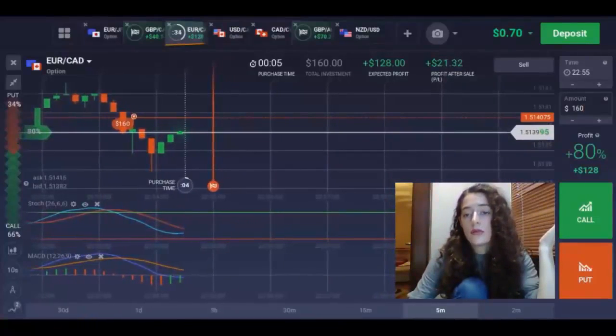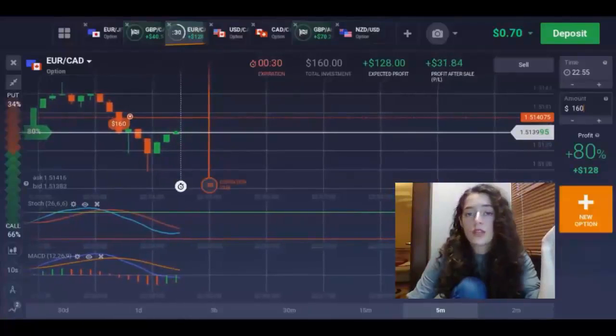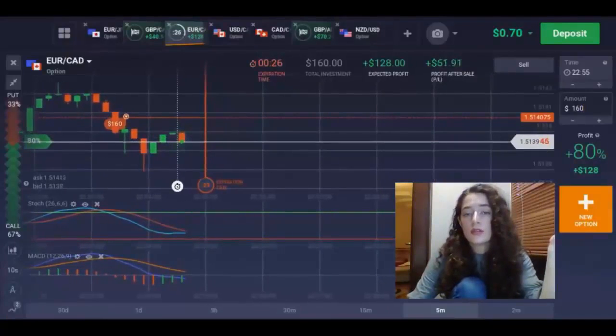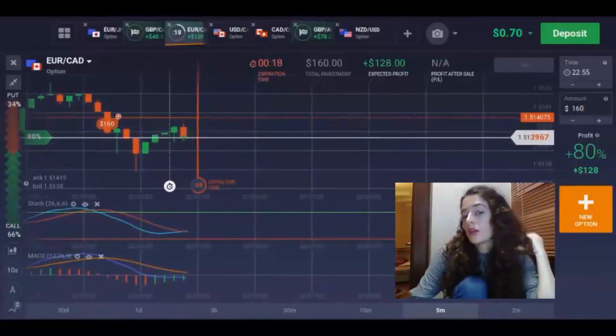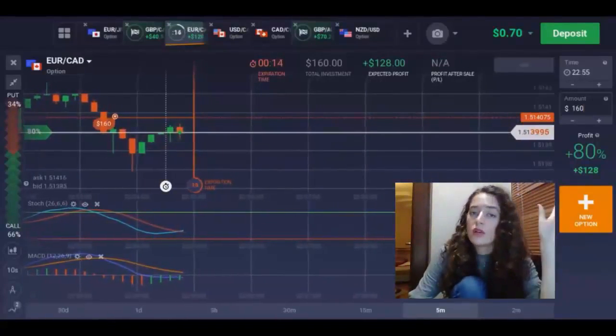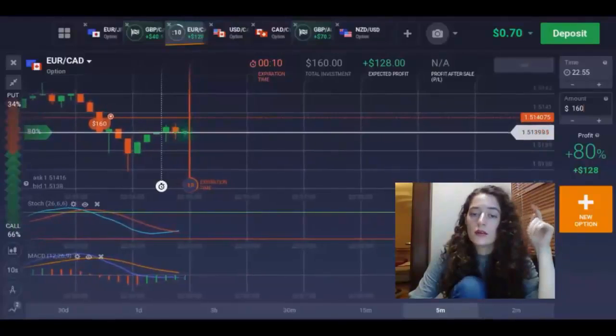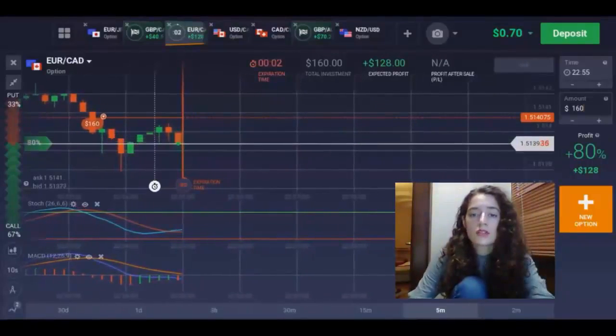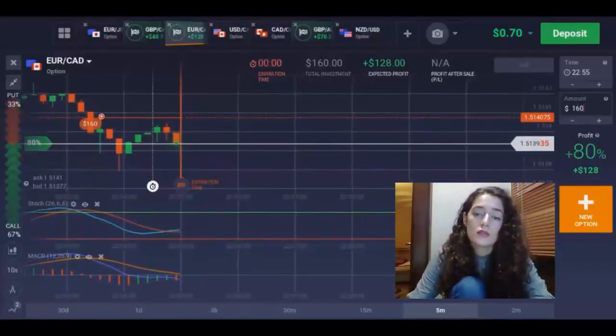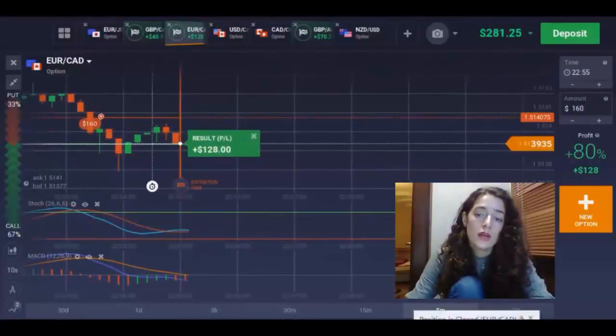For example, if you trade on Expert Option, the minimum deposit is $50, so you can just trade with $5 for each trade. For IQ Option, for example, you can just deposit minimum $10, so you can just start up with $1.